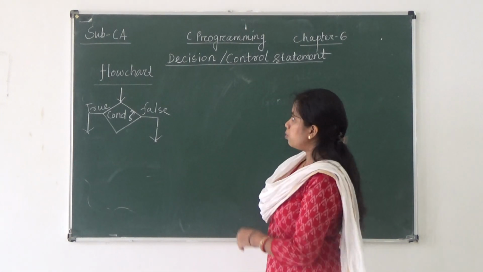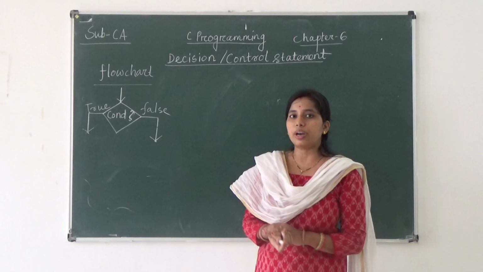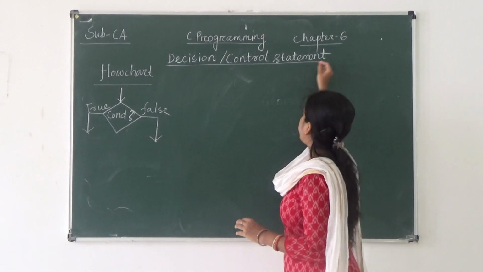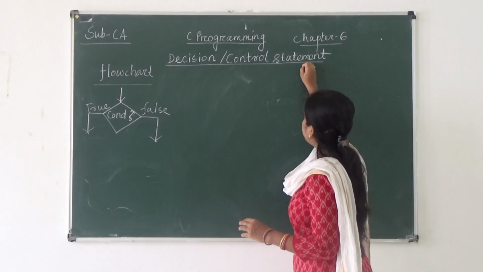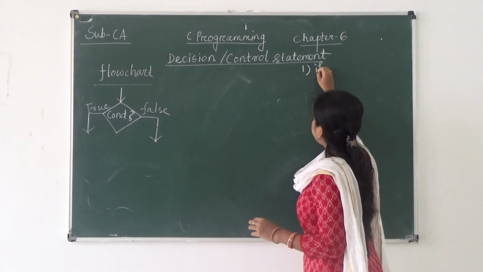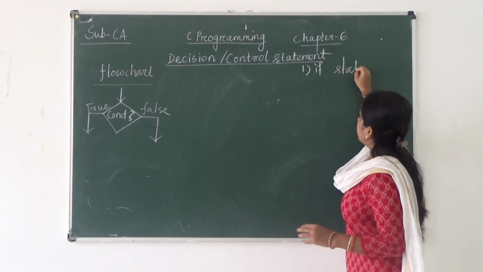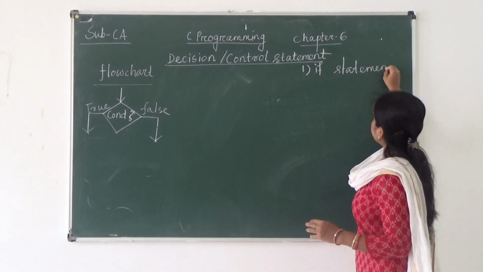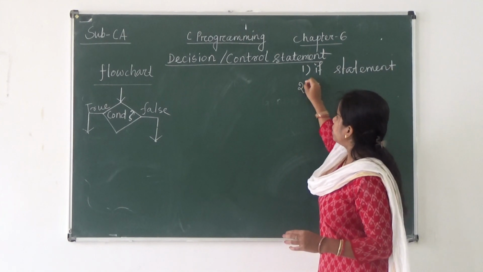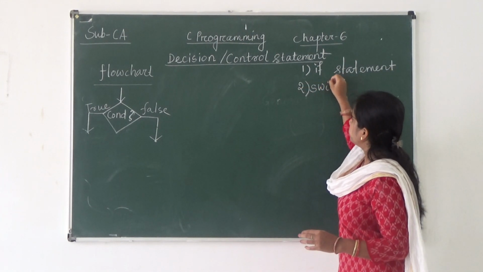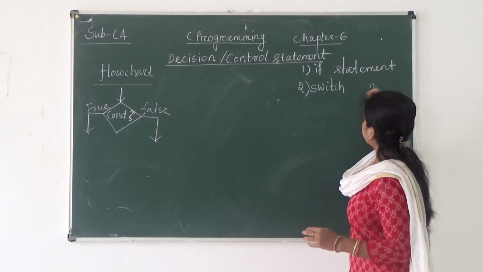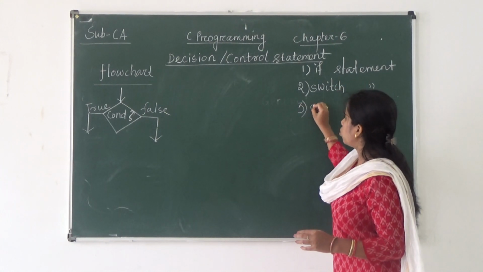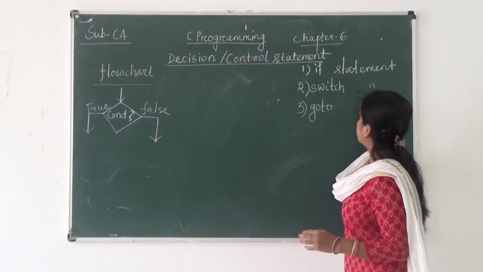So now let's come to this part of C programming, and there are four types of decision statement. Number one is if statement. Number two is switch statement. Number three is go to statement.